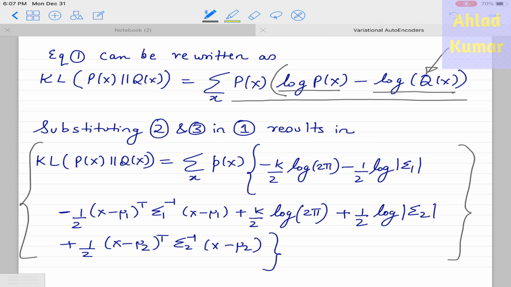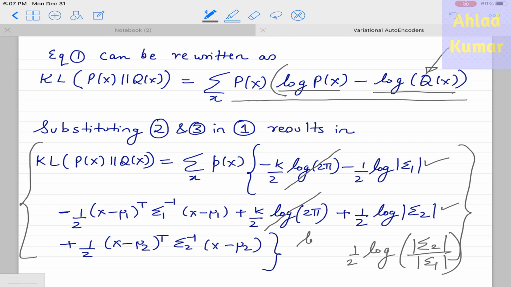By observing this expression, you can see that these two terms will cancel out, so they are not in the final expression, and we can club these two terms together. We can write it like this: 1 by 2 log of determinant of sigma 2 divided by determinant of sigma 1. Why can I write it like this?